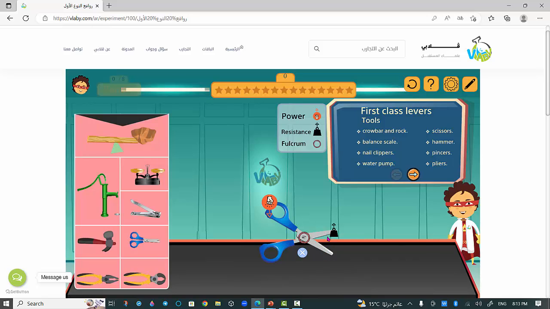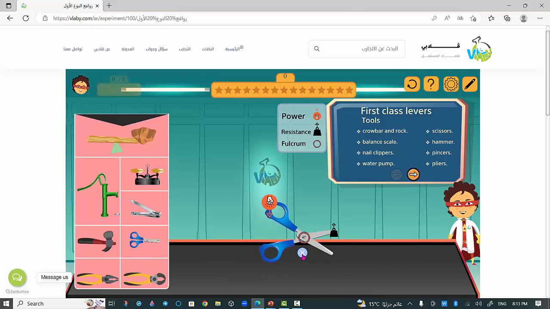That's why these metal pieces are my resistance force. Finally, where is the fulcrum? This point in the mid, because it's a fixed point. It's the fixed point around which my lever is rotating.